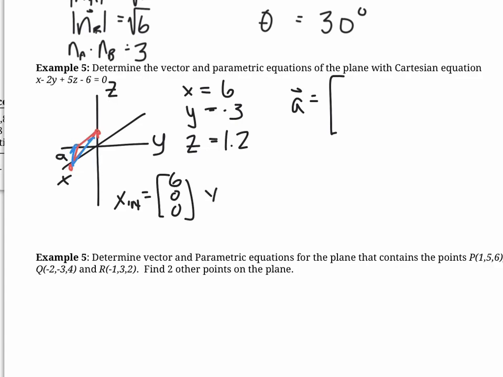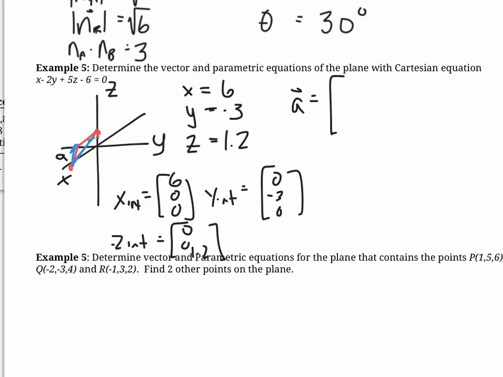The y-intercept is going to be 0, -3, 0. And the z-intercept is going to be 0, 0, 1.2. Sorry about the messiness down there, I just wanted to squeeze it in. So A is the difference between y and x intercepts.